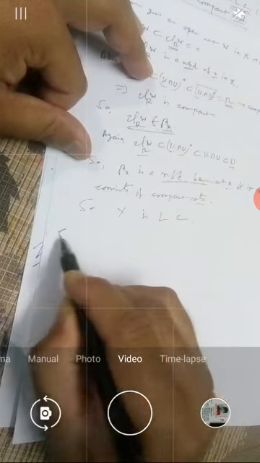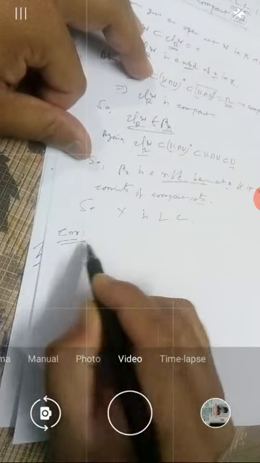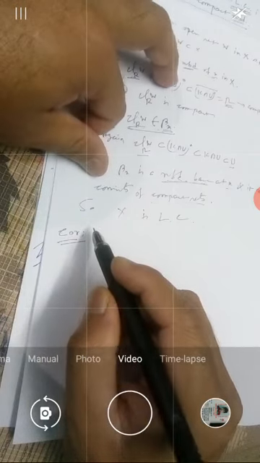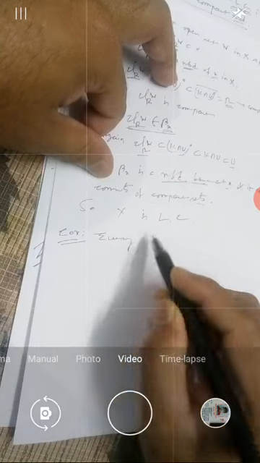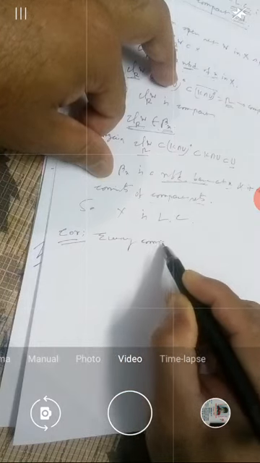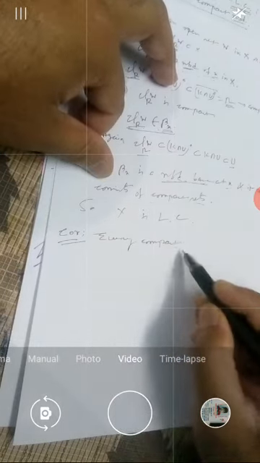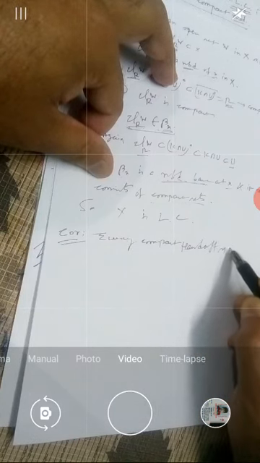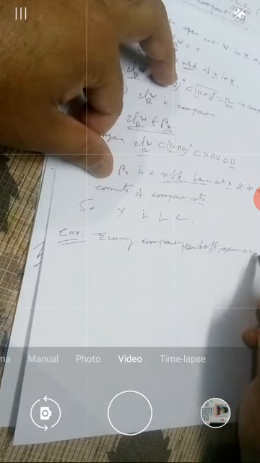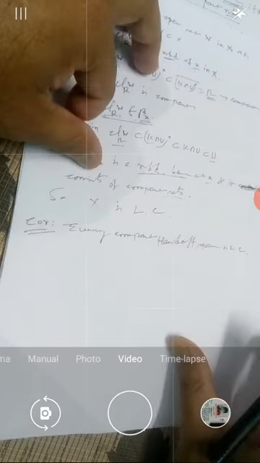Let me write it as a corollary of this result, that every compact Hausdorff space is locally compact.